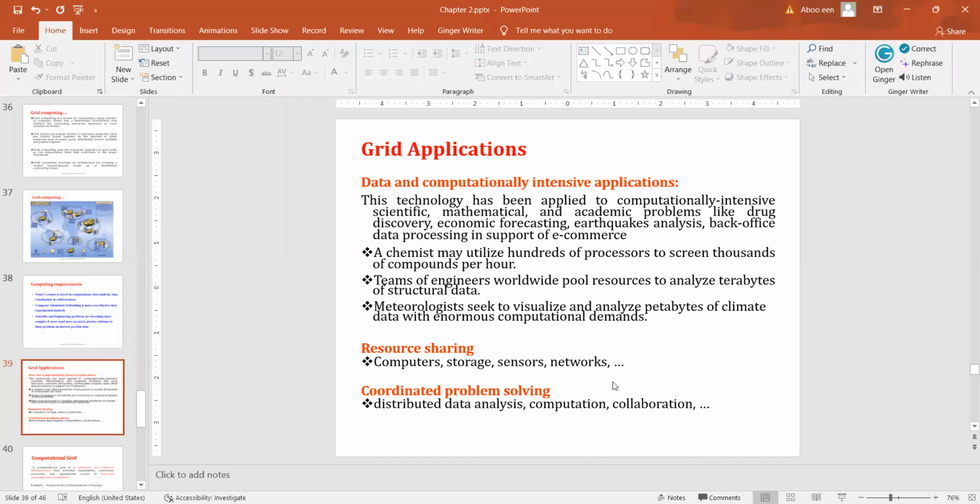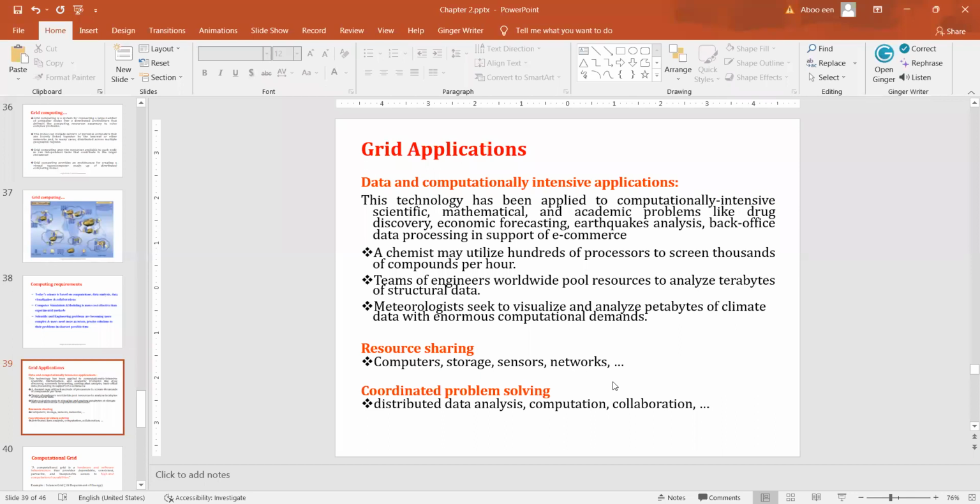So grid computing is applied in these areas, like highly computationally intensive scientific activities, for example at NASA or other scientific research.